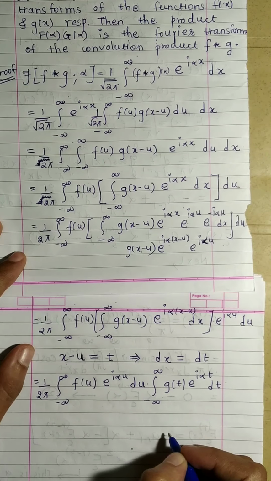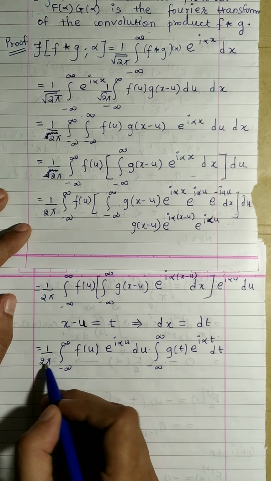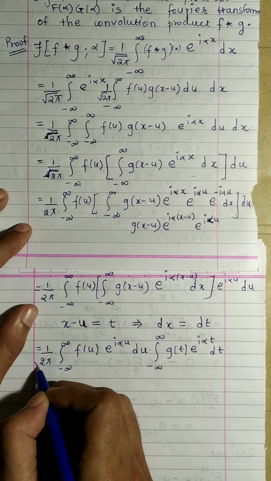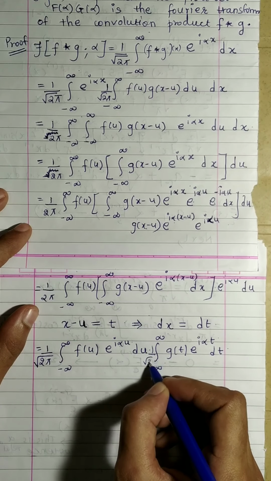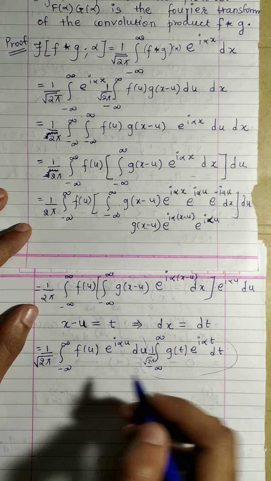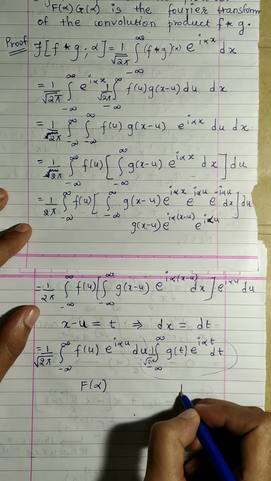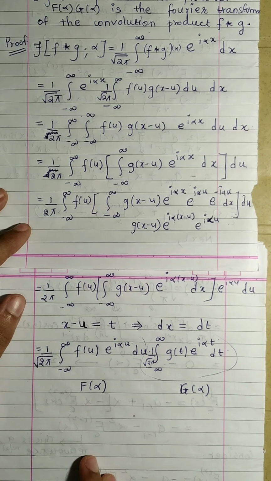Clearly from here, if I split this 1 upon 2 pi as 1 upon root of 2 pi into 1 upon root of 2 pi, then this is the Fourier transform of f(x), and this becomes the Fourier transform of the function g(x).